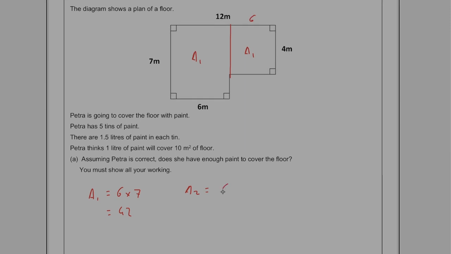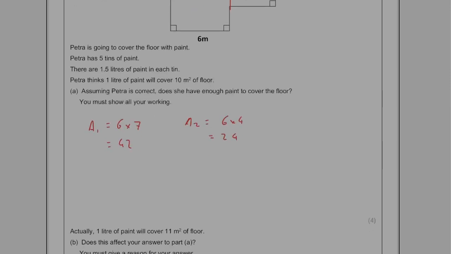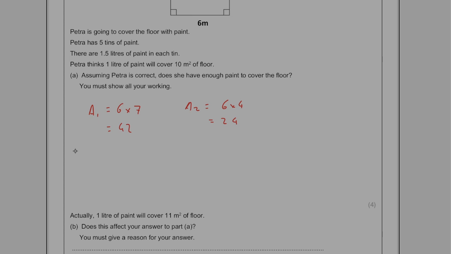So it must be 6 times 4, so that must be 24. So our total area, I'm going to call it AT, is going to be equal to 42 plus 24, which gives us 66 meters squared.